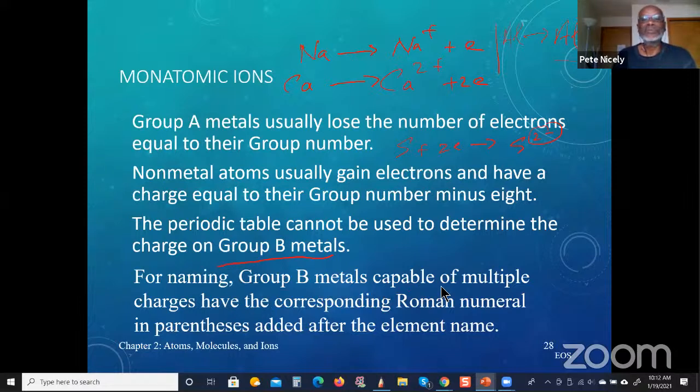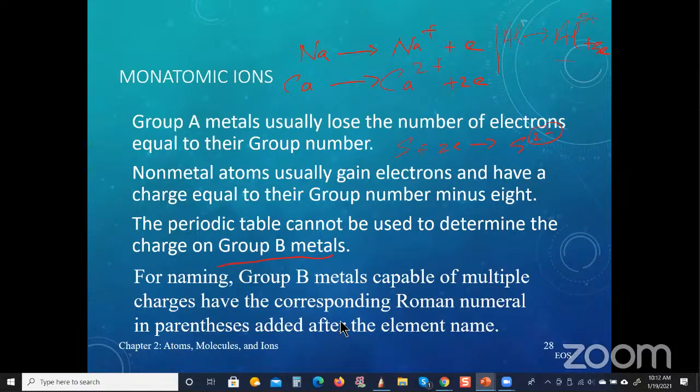Group B metals capable of multiple charges have the corresponding Roman numeral in parentheses added after the element name. So what we're talking about here is that if you have an element that can display more than one charge, then you indicate the charge by the Roman numeral after the element name.